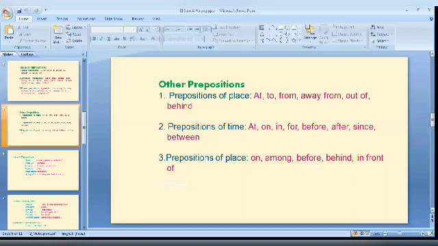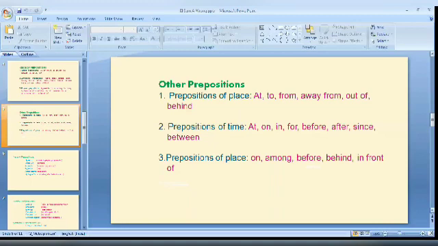But since is a preposition that is used to indicate a particular specific point of time. If I ask the same question, the person may answer, I have been living in Sangareddy since 2010. Here 2010 is a particular point of time.